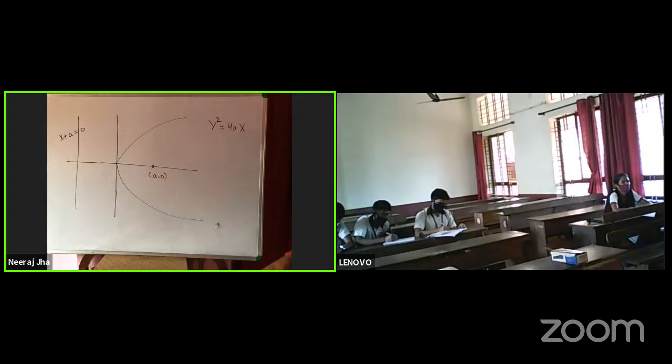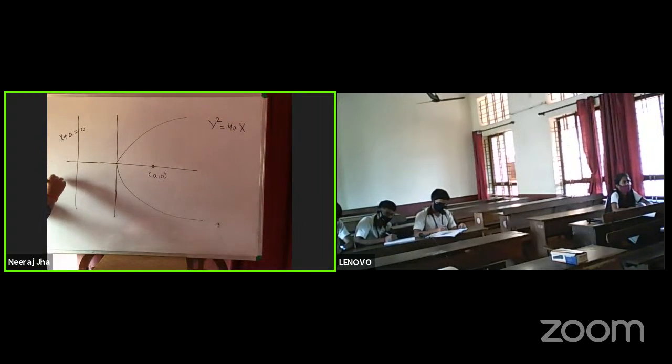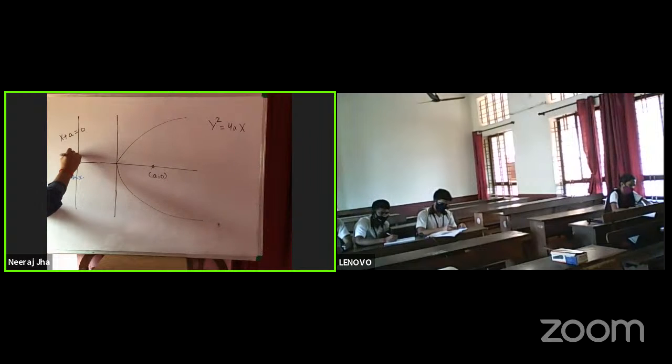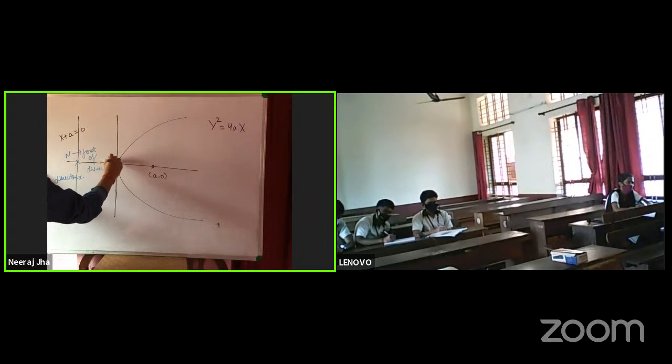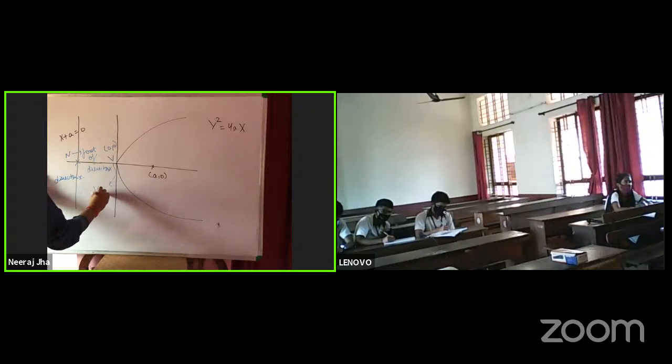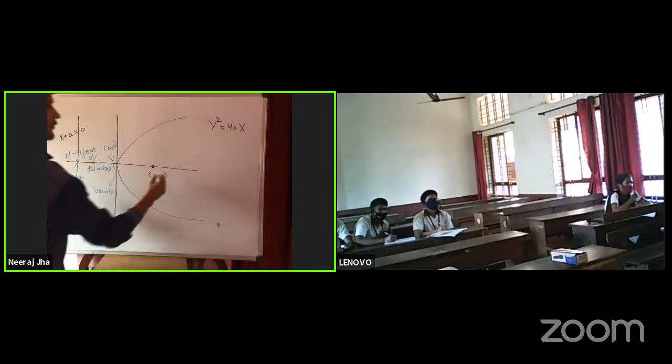This is the directrix, we already know. This point N is the foot of the directrix. This point 0, 0 is known as the vertex. This is known as the focus.